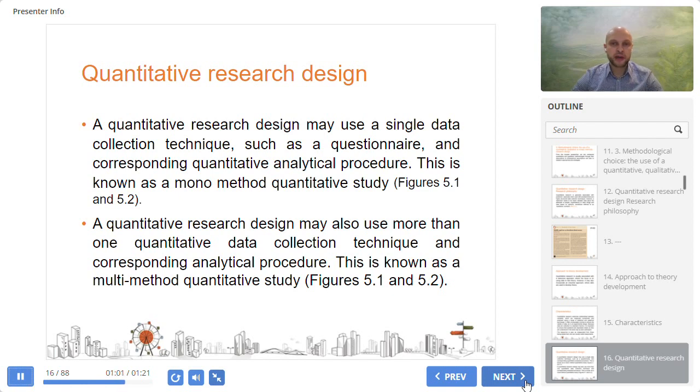Use of multiple methods has been advocated within business and management research because it is likely to overcome weaknesses associated with using only a single or mono method, as well as providing scope for a richer approach to data collection, analysis, and interpretation.